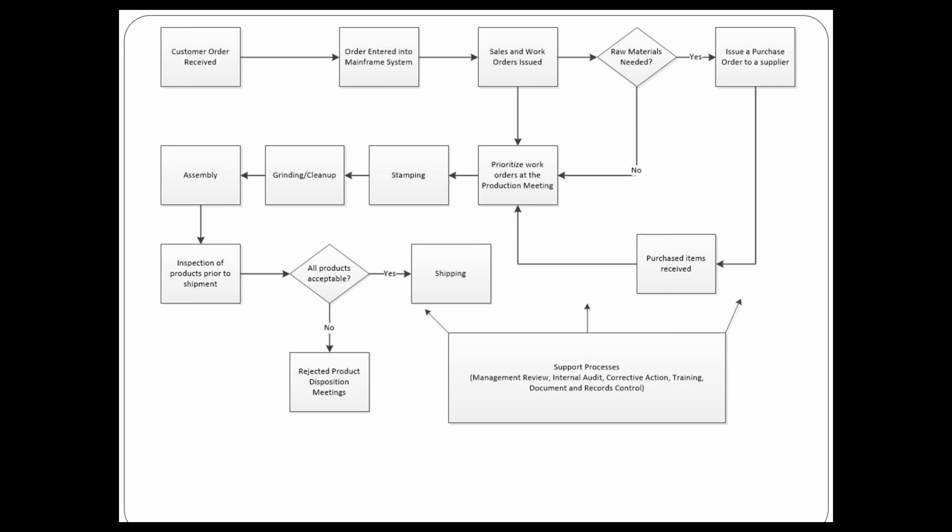And we have also, by way of 3 disconnected arrows, indicated that these support processes support the entirety of the rest of the activity. In other words, they support everything else that's going on in this quality management system, which is obviously what's intended by support processes.